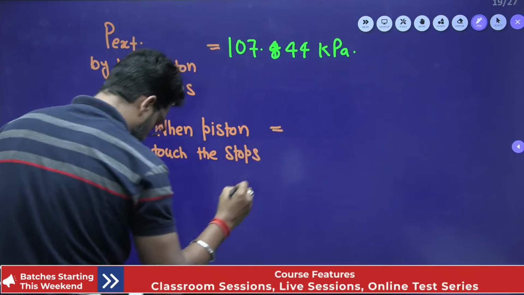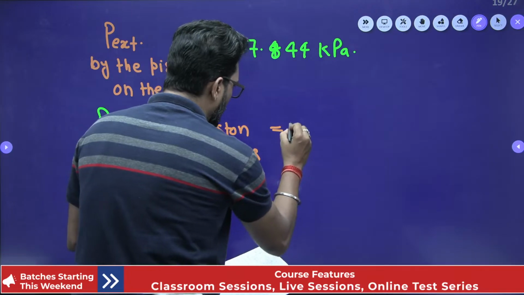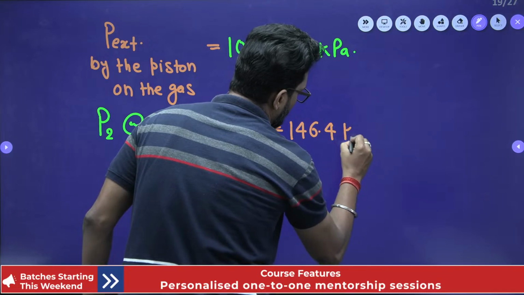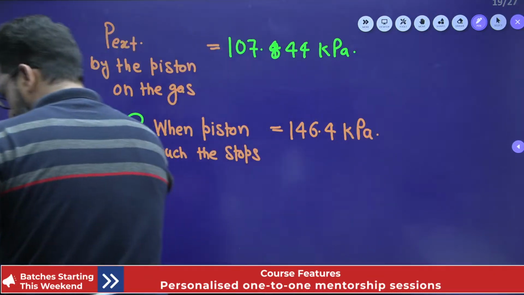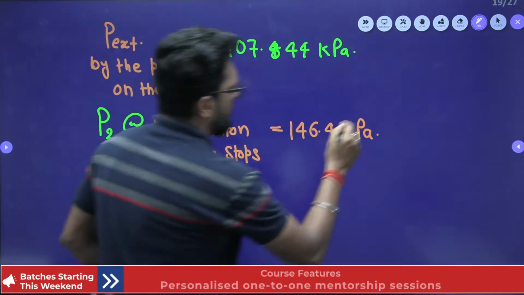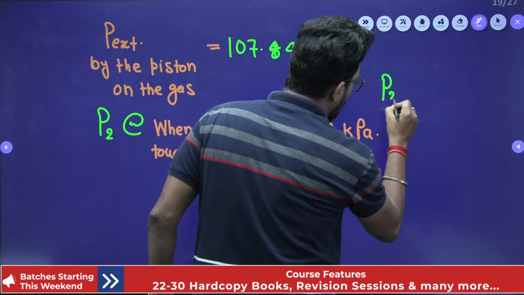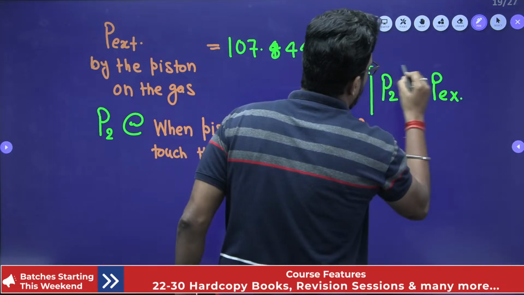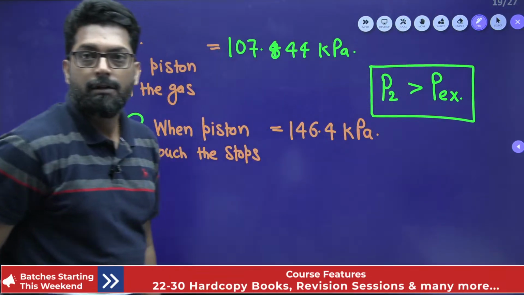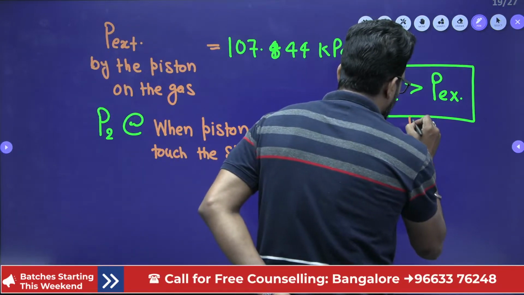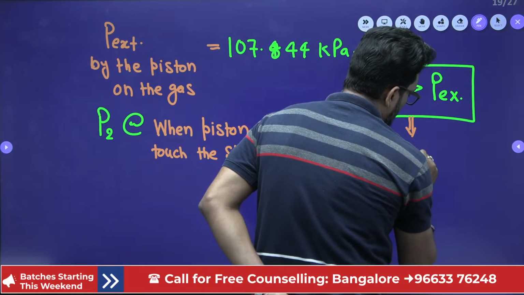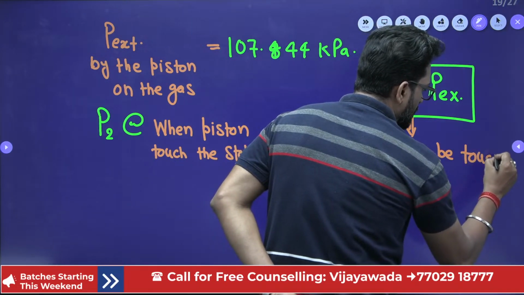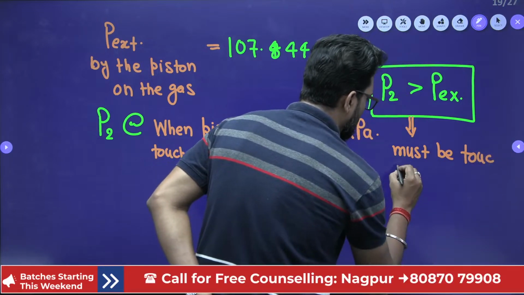At this condition, what is the pressure? 146.4 kilopascal. Okay. That means P2 is still higher than the P external pressure. That means it must touch the stop.